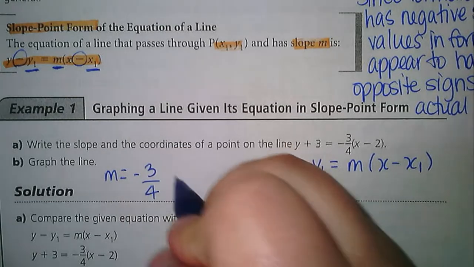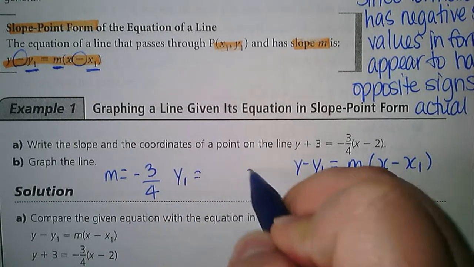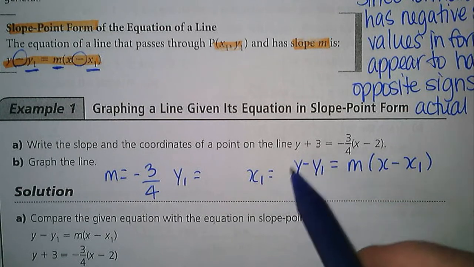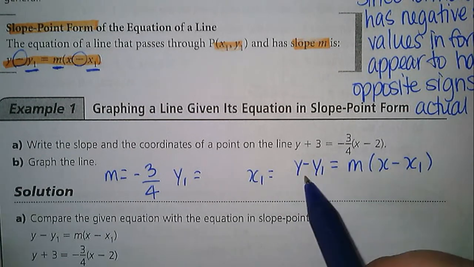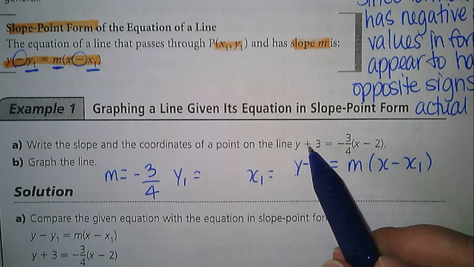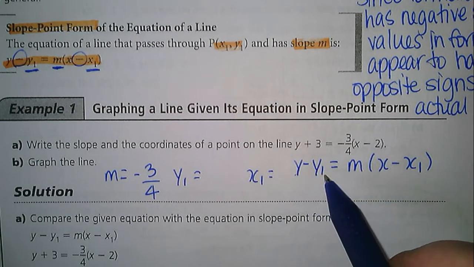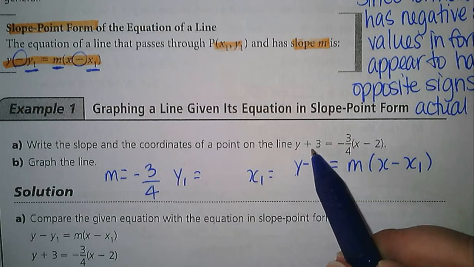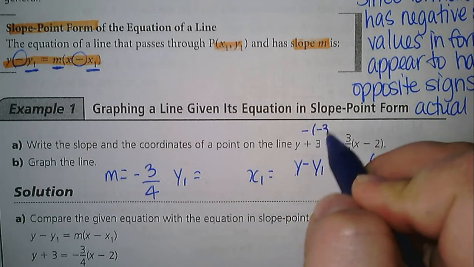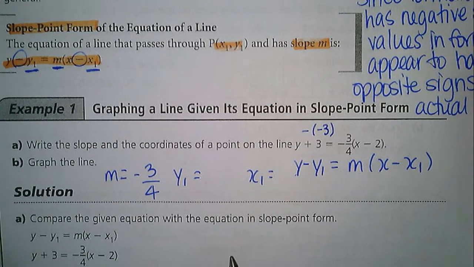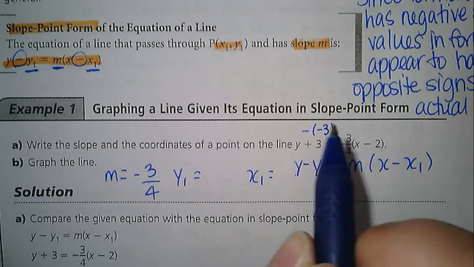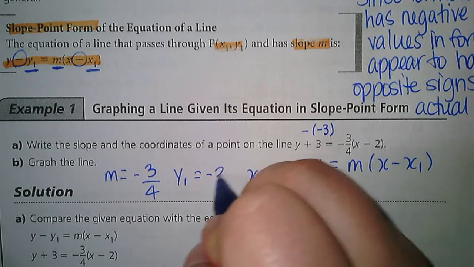And then I have to pull out my y1 value and my x1 value. Remember, this is the general equation for slope point form, so I'm going to compare this to what I've been given above. This says y plus 3, and this says minus y1. If this is a plus 3, that actually means that it's a negative 3, and that's how they came up with the plus sign there. So my y1 value is actually negative 3.